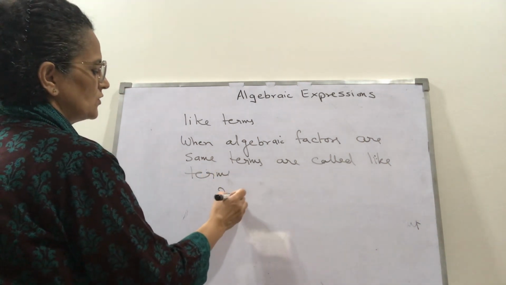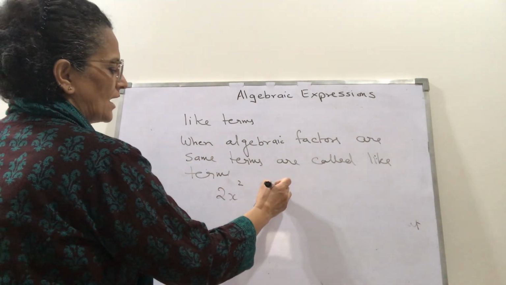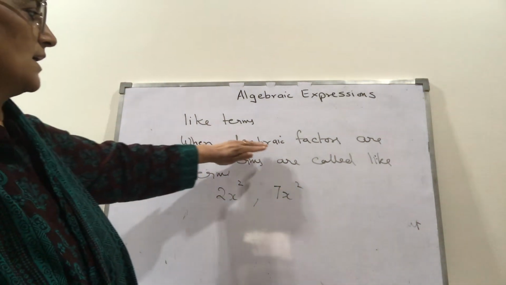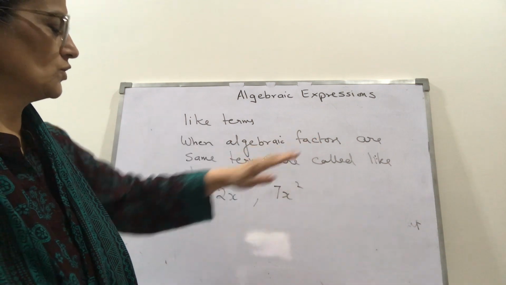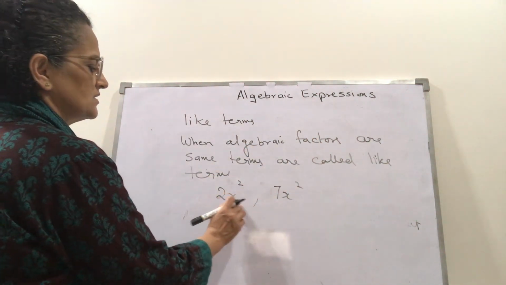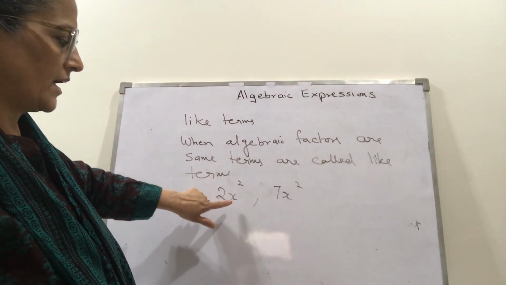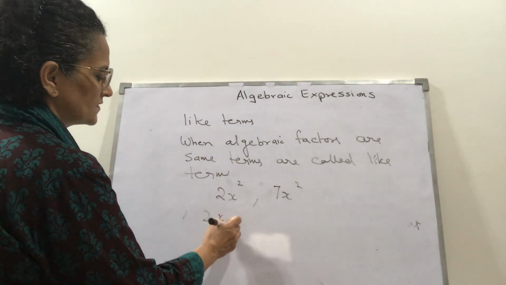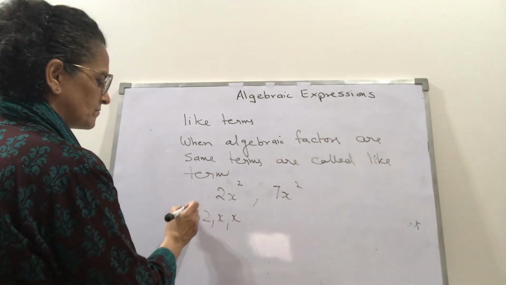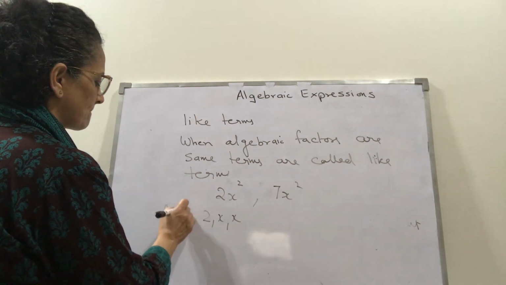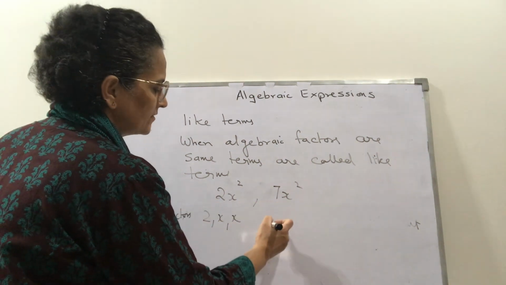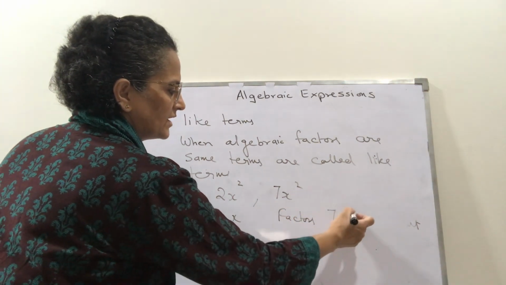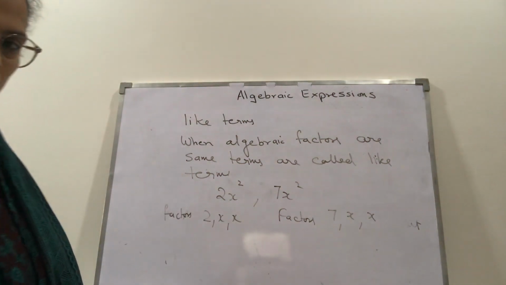So if I am writing 2x square and 7x square, you can see algebraic factor, I just told you the algebraic part, the variable part. Here the factors are 2x, x. These are the factors. And here factors are 7x, x. So what you will look into?